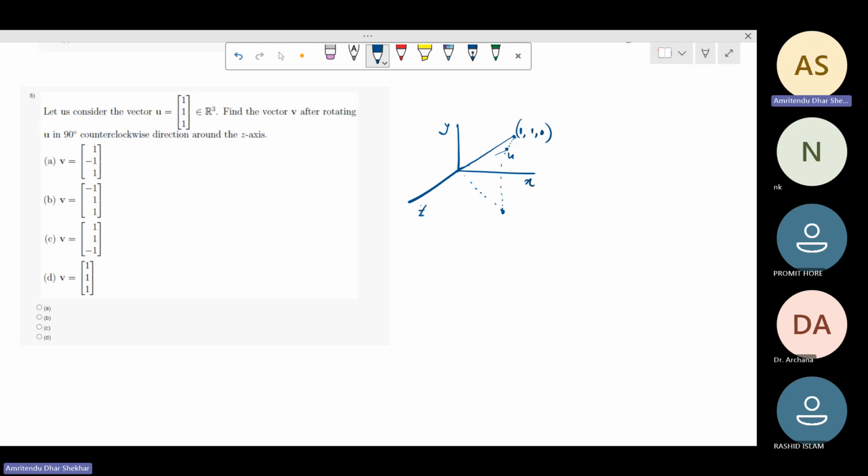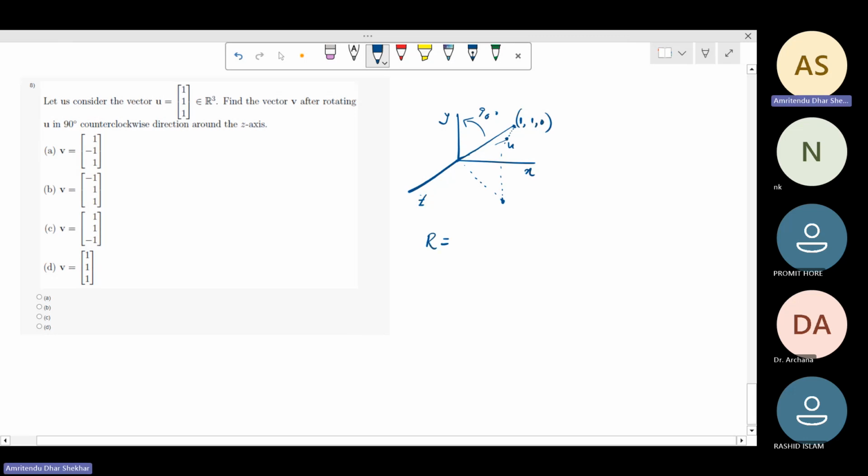I think what they're saying is that you rotate this vector by 90 degrees, and this component remains the same. So I think the rotator matrix is going to be this. The language over here is a bit confusing. I'm not sure what exactly they mean. I think it's going to be this though.